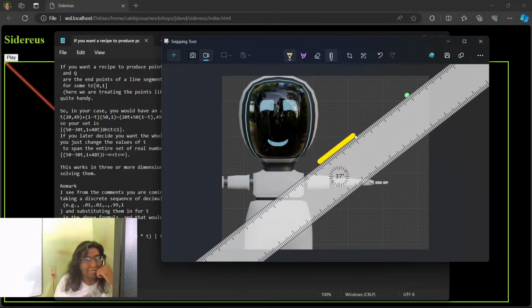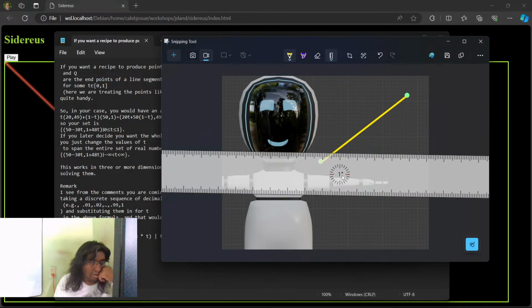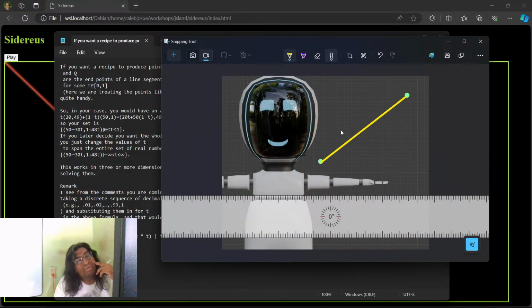What I want to explain to you is this formula that this person gives, which tells you how, given these two endpoints, P and Q, you can find all the points that are in here.